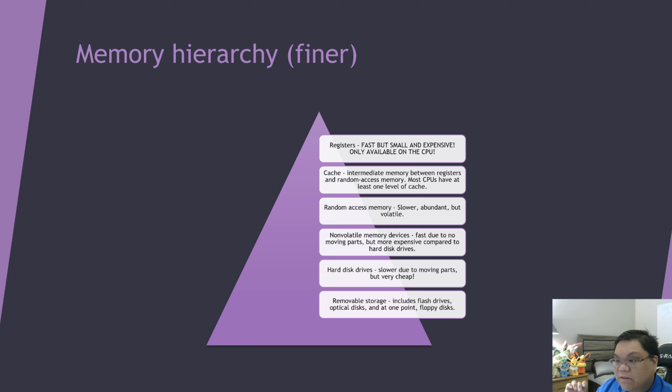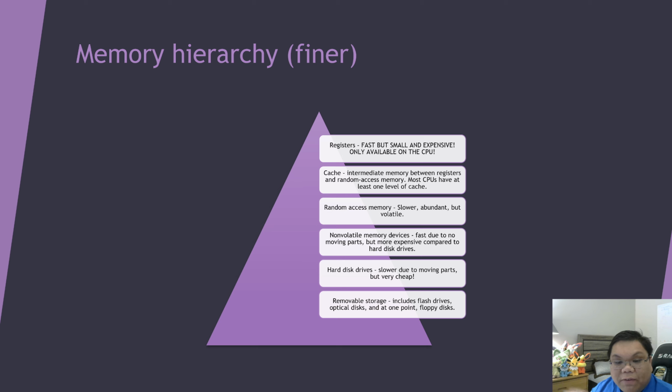So in between registers and random access memory is cache. The problem with main memory is that the time it takes to access something from random access memory takes several clock cycles, and that means in the time it takes to read something from memory, your CPU could have been executing several instructions.